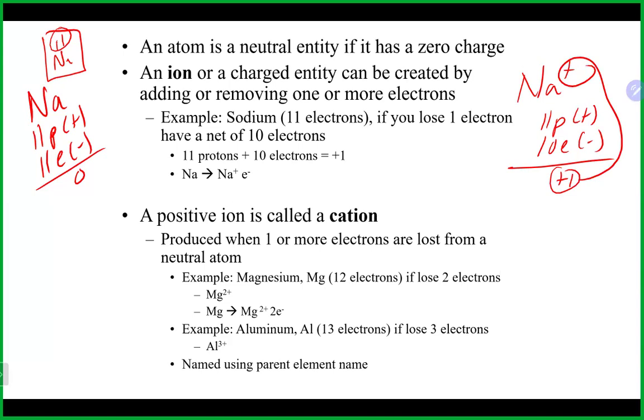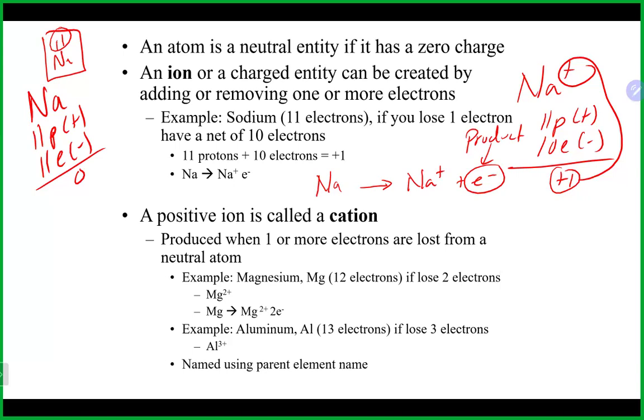One way you could represent somebody losing an electron in equation form is what we see here. You could have sodium with no charge going to sodium with a charge, and we see the electron on the product side. When you write an equation and somebody is losing an electron, the electron will end up on the product side of the equation, like it's being given off or lost.